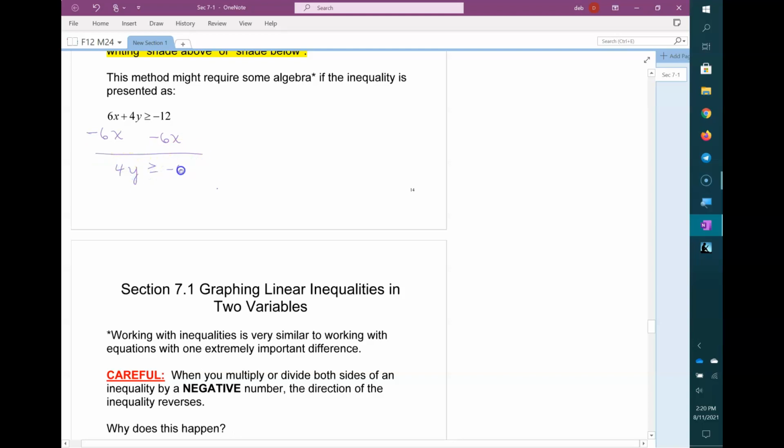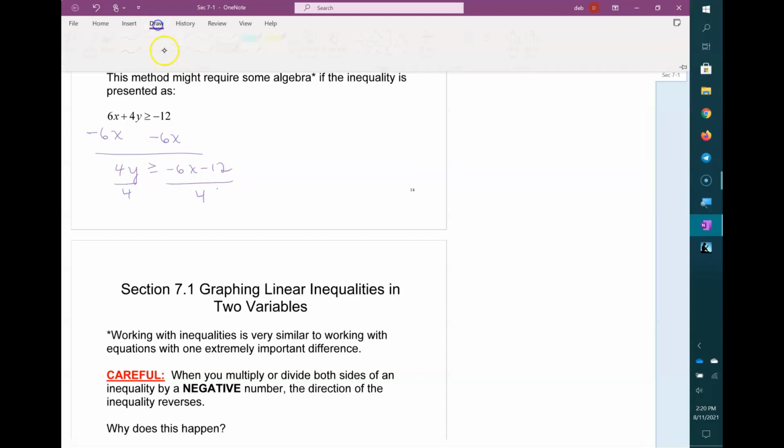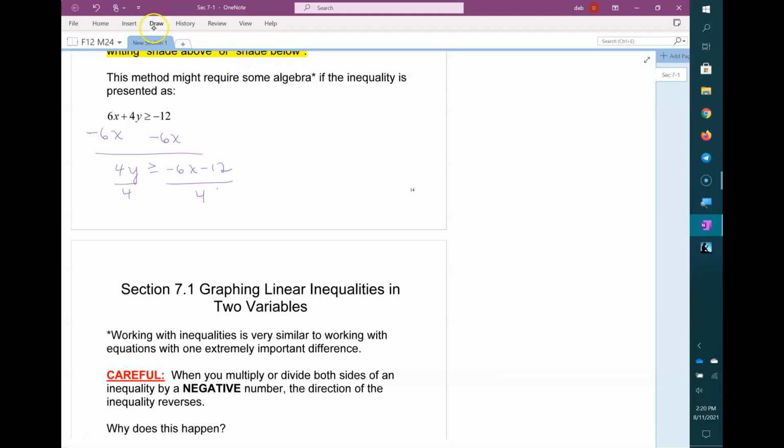So we're going to have negative 6x minus 12 then on the right, divide both sides by 4, and get y is greater than or equal to negative 3/2 x minus 3. So after you've graphed the line, you would shade above.